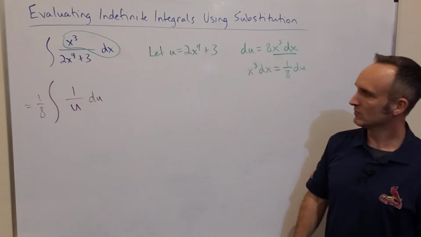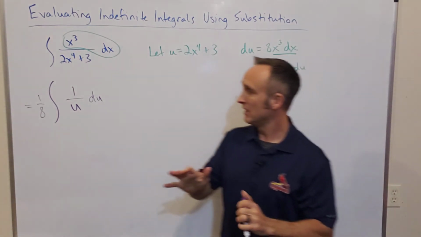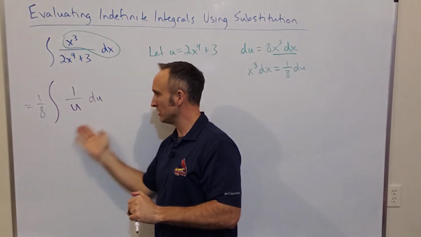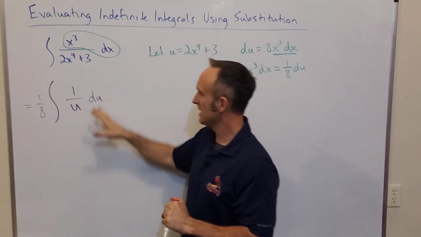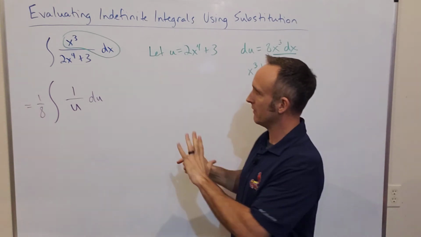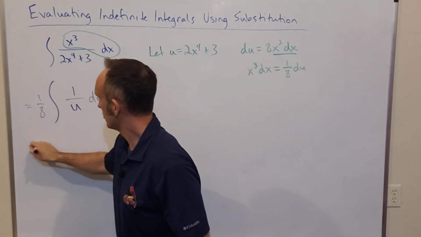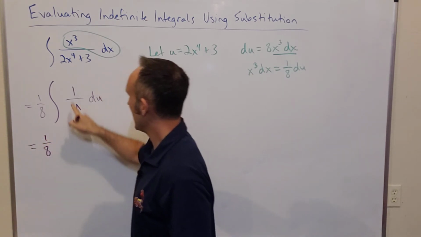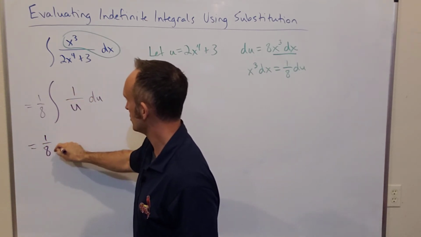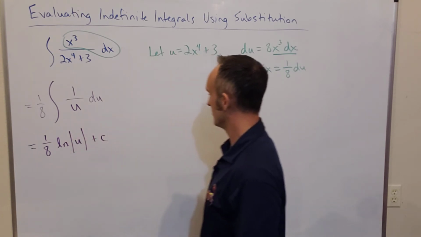Okay? So we can start rebuilding the integral strategically by consciously putting coefficients out to the front and writing the integral in the way that we're used to. However, if you find that difficult, you can continue the same pattern of the earlier examples. So now we've got 1/8 times the antiderivative of 1 over u, which is the natural log of the absolute value of u, plus your constant.